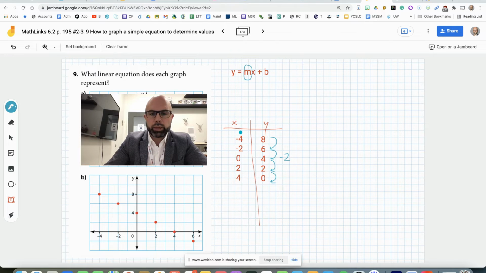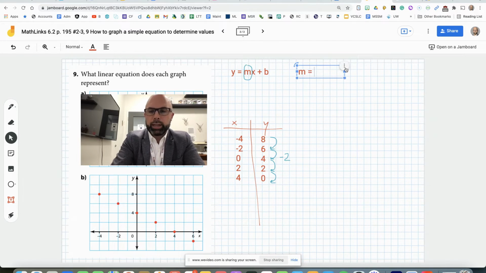But the problem is we've been using what is called a run of 1 in every case. And in this case, the run is not 1. It is actually 2. And so we need to be really clear on the value of m.